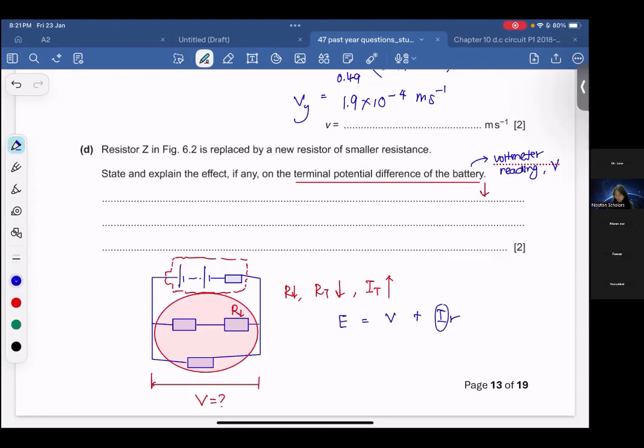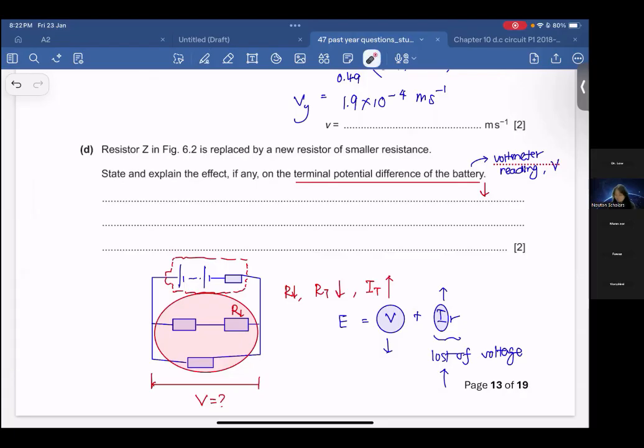If your current increases, there is greater loss of voltage due to the internal resistance, so your voltmeter reading here will decrease.